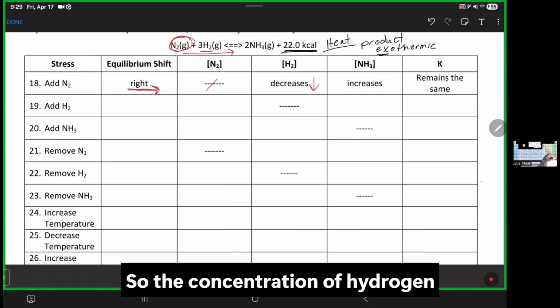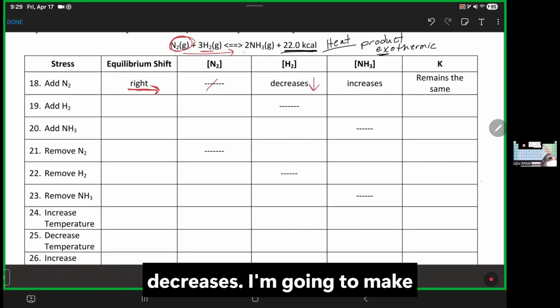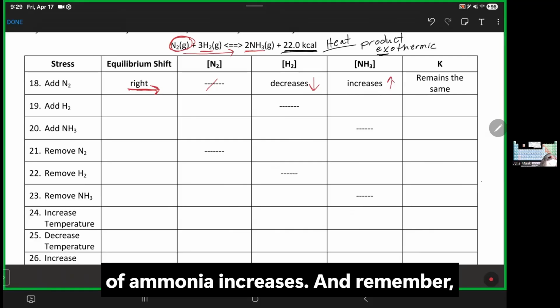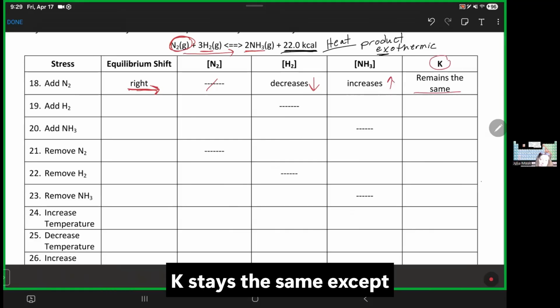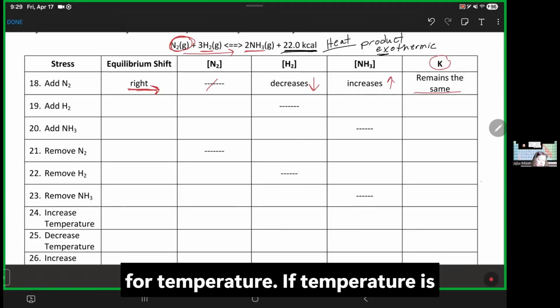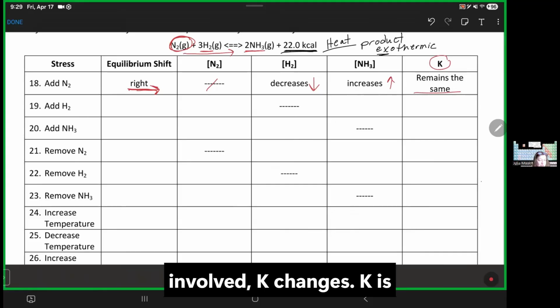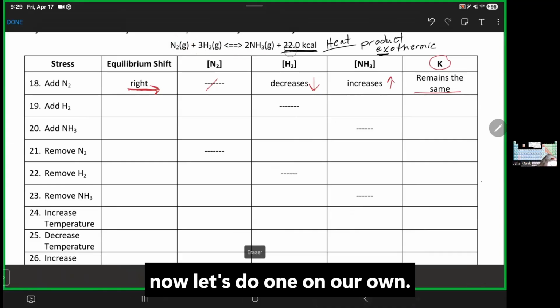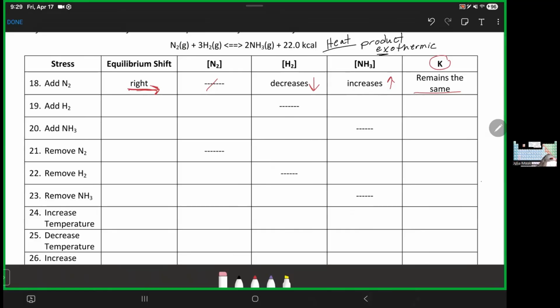So the concentration of hydrogen decreases. I'm going to make more ammonia, so the concentration of ammonia increases. And remember, K stays the same, except for temperature. If temperature is involved, K changes. K is temperature dependent. Okay, so now let's do one on our own.